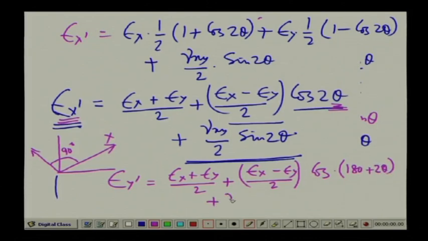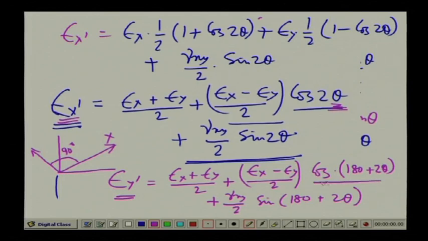plus gamma x y by 2 sin of 180 plus 2 theta. Now, this will give us the value of strain in the y direction, and cos of 180 plus 2 theta is minus cos 2 theta, and sin of 180 plus 2 theta is minus sin 2 theta.